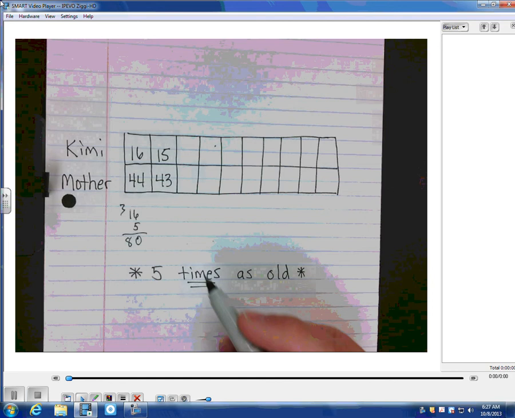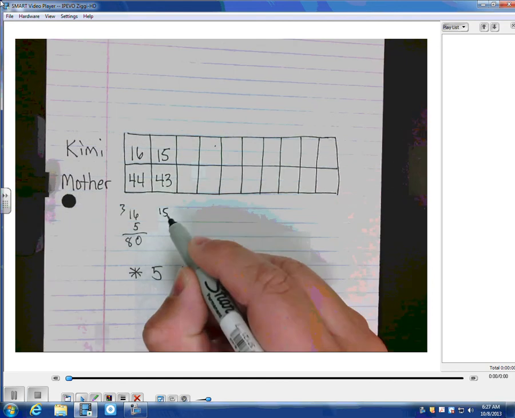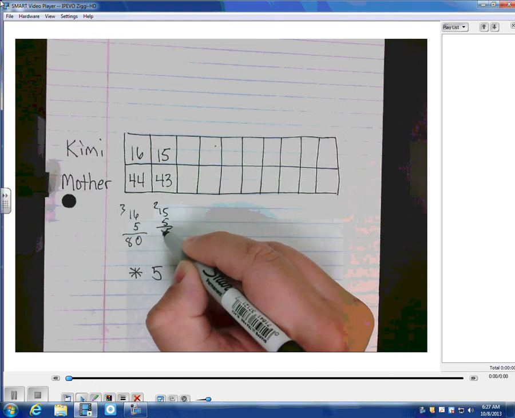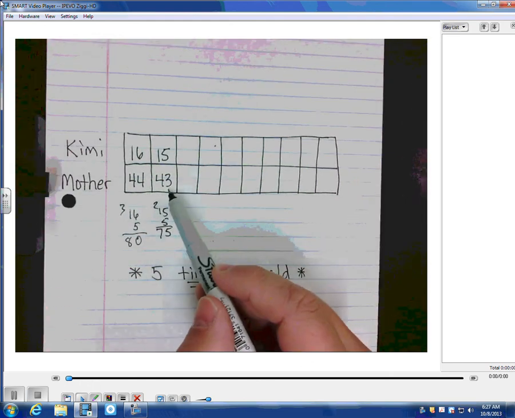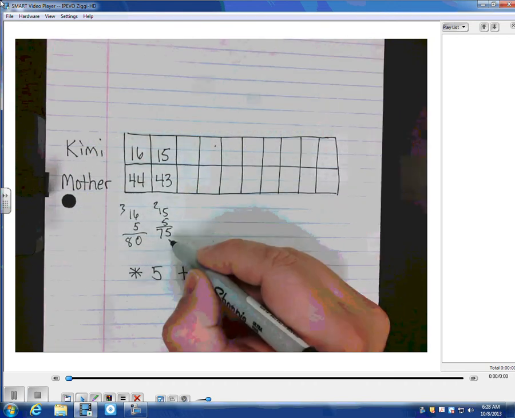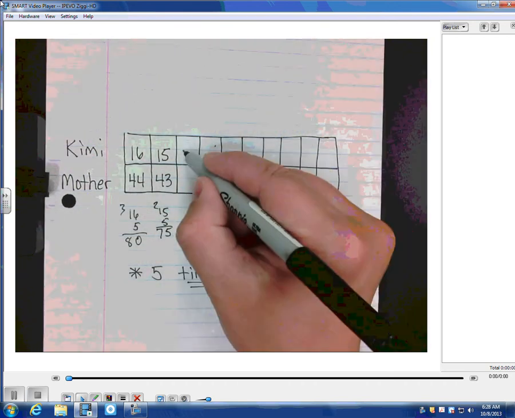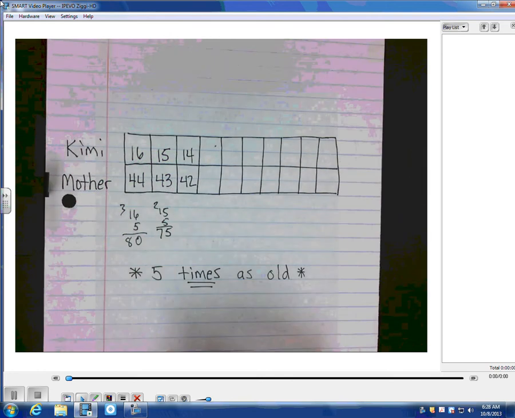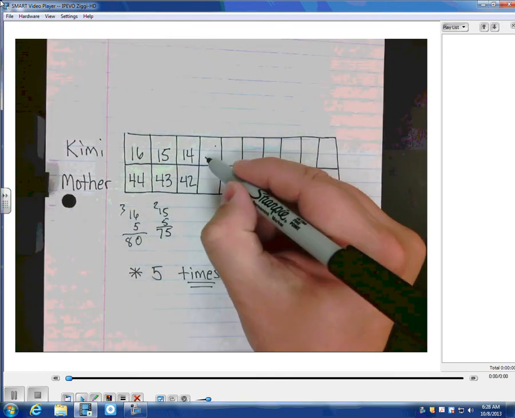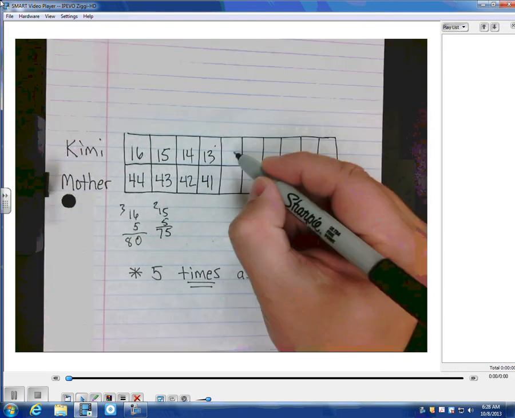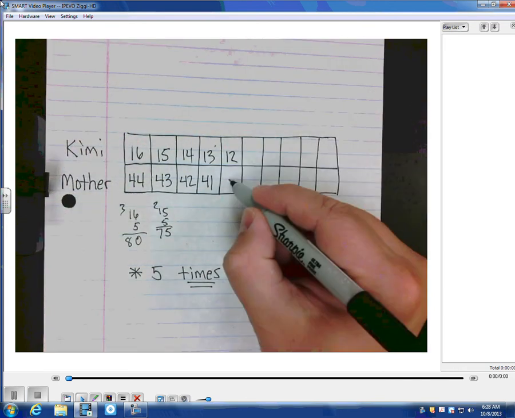If I wanted to, I could do 15 times 5, and that would be at least 75 years old, and that's not going to work either. So I know I'm pretty far off. I'm going to go 14 years old, 42 years old, and I'm not going to do this for each one because I know I'm pretty far off. 13 years old, she would have been 41 years old. 12 years old, she would have been 40 years old.